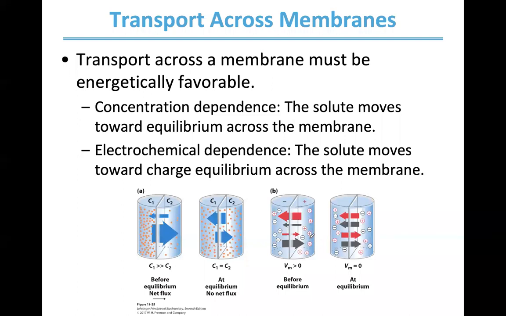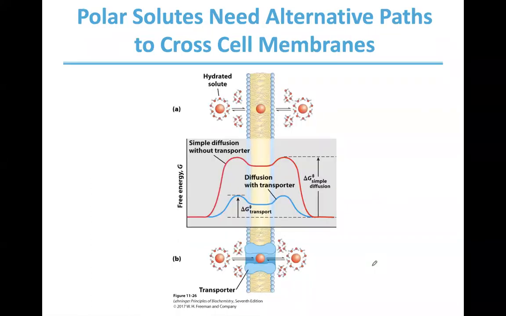And that's not the case here. You can see there are many more positively charged particles on this side and negatively charged particles on that side. And we allow this to equilibrate until eventually the numbers of pluses and minuses on the left equal the numbers of pluses and minuses on the right.